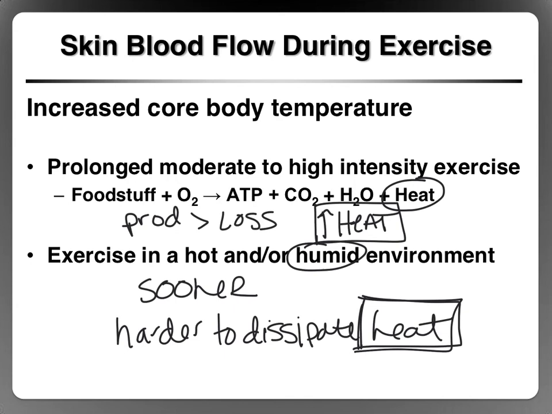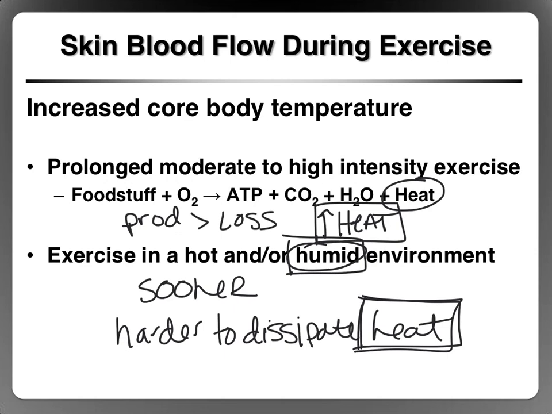And again, we have this, not a pressure gradient, we have this water gradient. Okay, you've got wet skin and you've got a wet environment. It's harder to evaporate wet sweat when the air is also wet, because you go from high wet to low wet. And the more humidity there is in the environment, the less of a gradient you're going to have for evaporating your sweat, so it's harder.